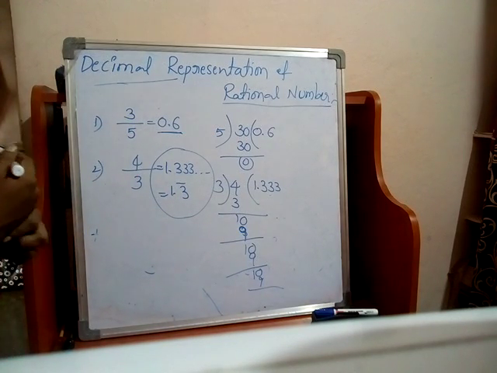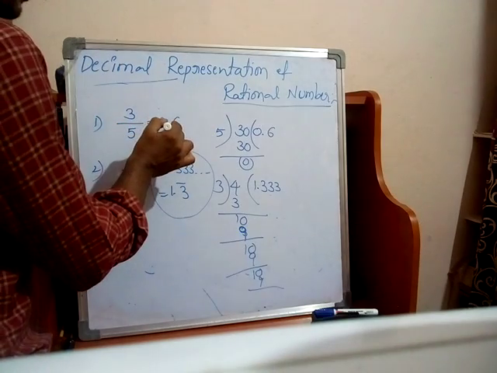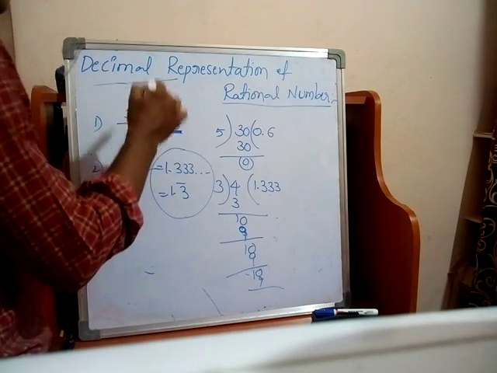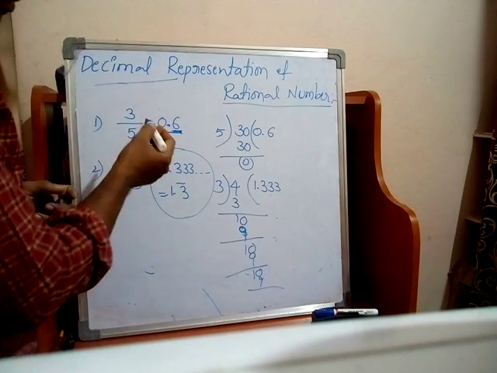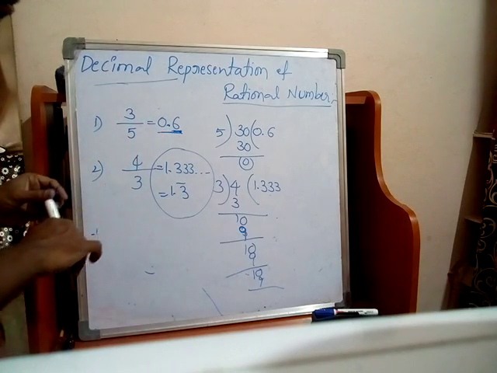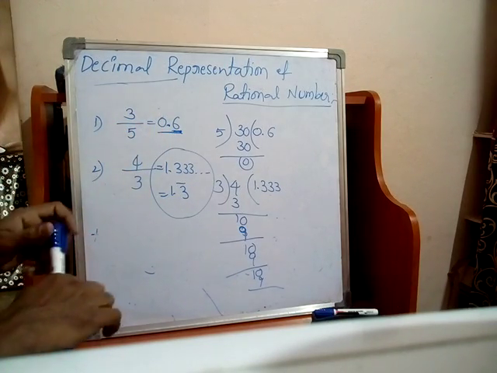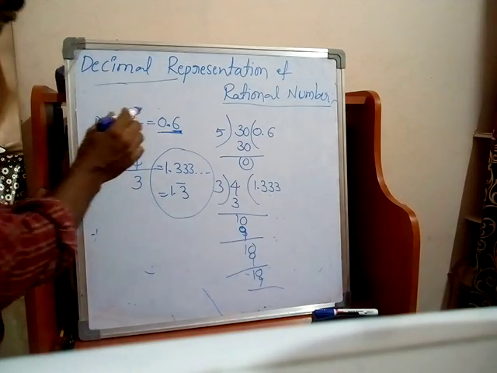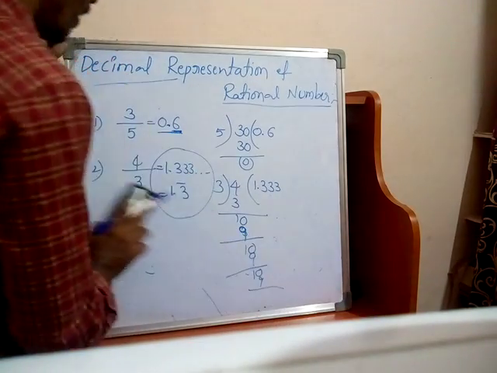So what is a terminating decimal? If the number of digits after the decimal point is finite, then it is called a terminating decimal.